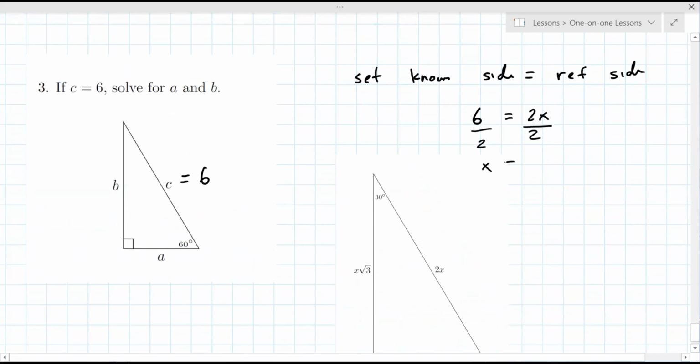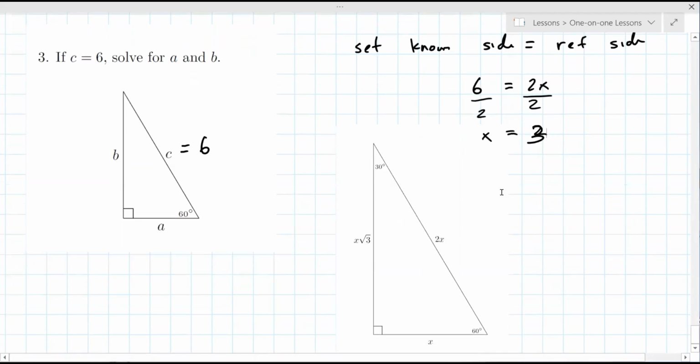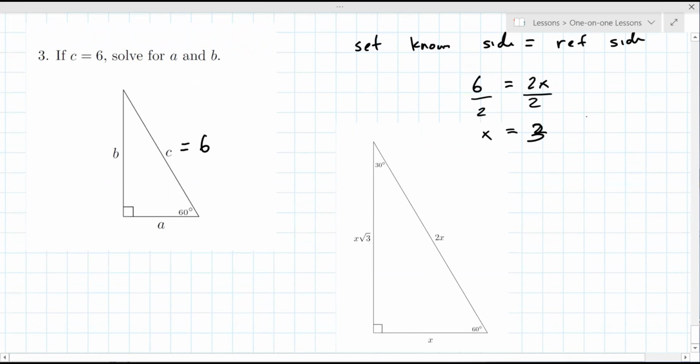So what does x equal? It's 3. Now this x is the short leg. Whenever you get x, you have to think I'm getting the short leg, which is 3, because 3 is across from 30 degrees.